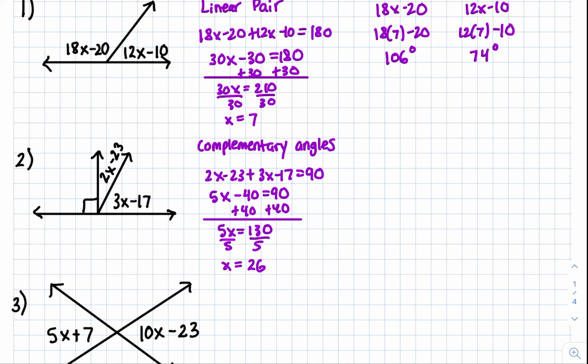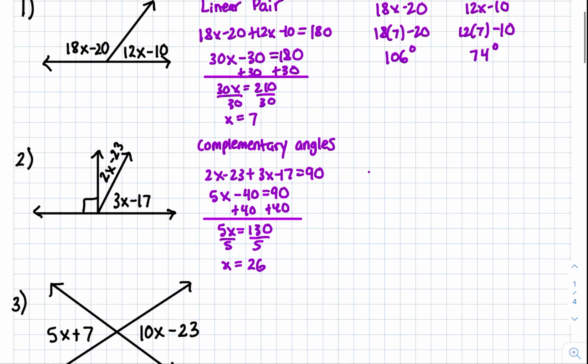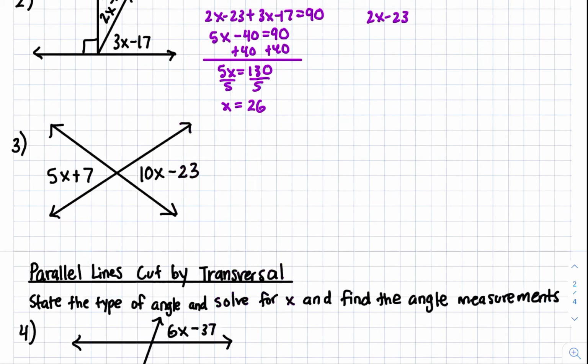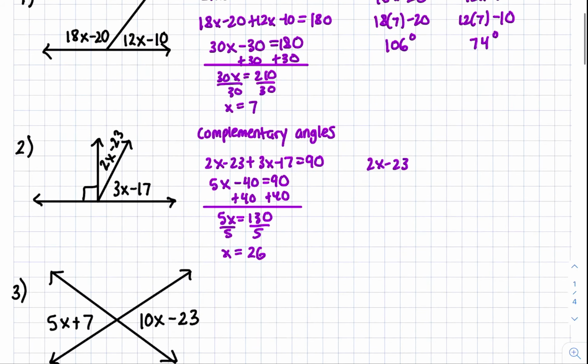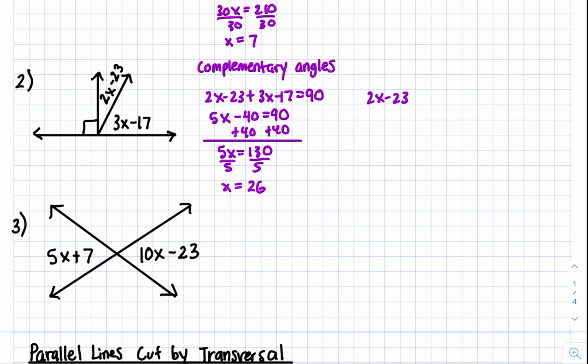So we solved for x, but now, in the directions, you guys have to find the angle measurements. So 2x minus 23, and we have 3x minus 17. Substitute 26 into both of the x's. There we go.